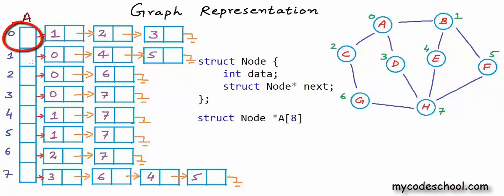Now A0 here, this one, is a pointer to node, and it points to the head of linked list containing the neighbors of A. Let's assume that head of linked list for A has address 400. So in A0, we would have 400.